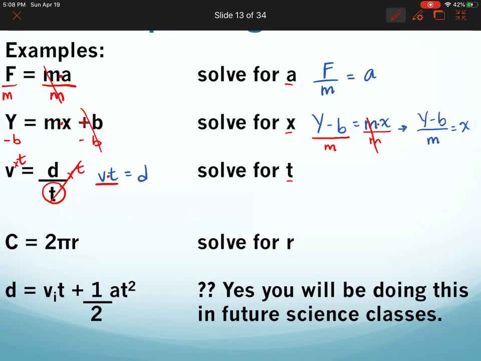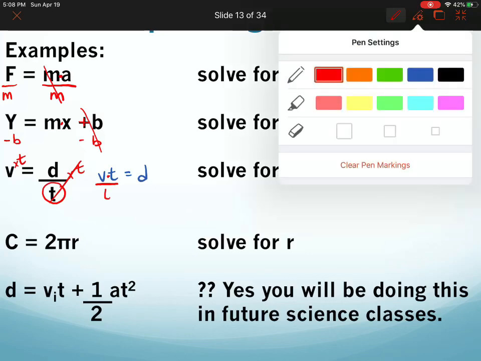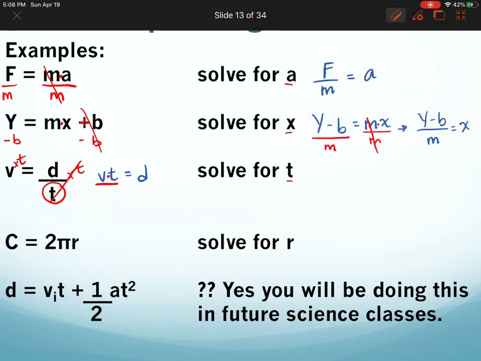Because right now v is being multiplied by t. So we do the opposite of whatever's being done to t right now, and it's being multiplied. So the opposite will be to divide it by v, and that'll cancel it out. Yay! But anything you do to one side, you got to do the other. There we go. Okay, we get t all by itself. It's equal to d divided by v. Okay, so important.